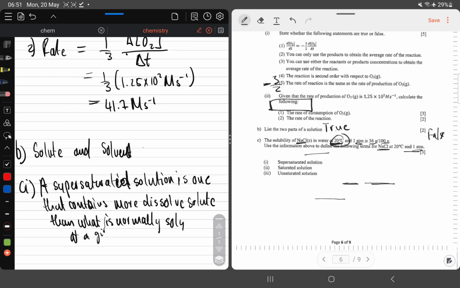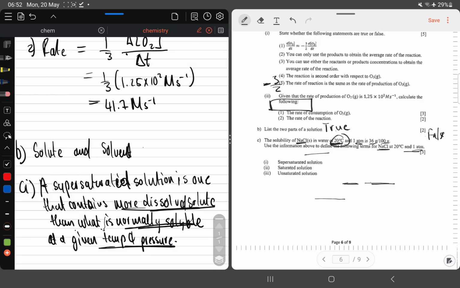So yes, here we say more dissolved solute than what is normally soluble, and this is obviously at a given temperature and pressure. It contains more solute than what is normally soluble at a given temperature.